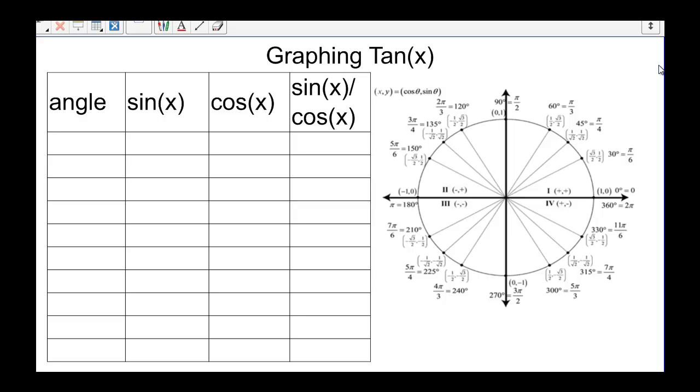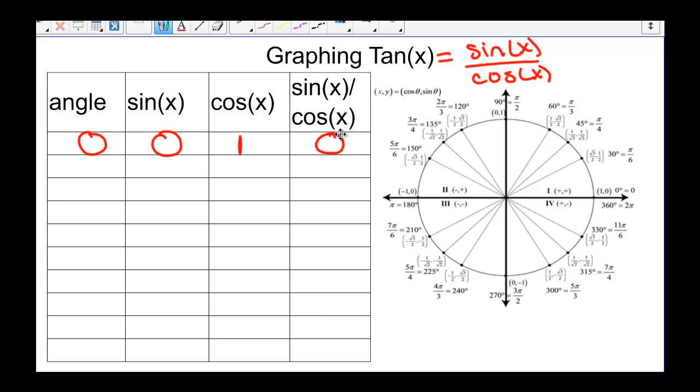When graphing tangent of x, we keep in mind that tangent of x is equal to sine of x over cosine of x. So if we start at the angle of 0, sine of x is 0 and cosine is 1, so 0 divided by 1 gives us 0.